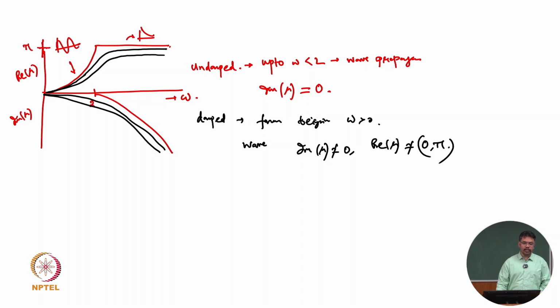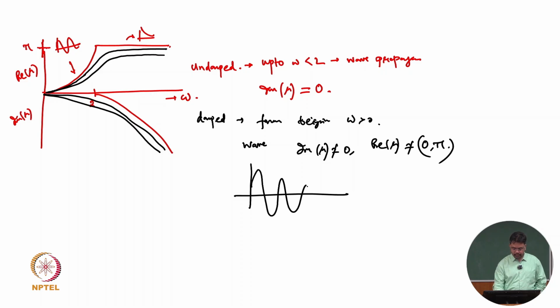That means throughout the domain you will have the solution something like this, and that thing is your imaginary of mu.